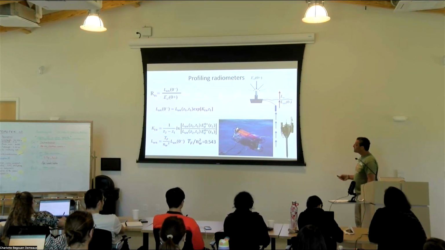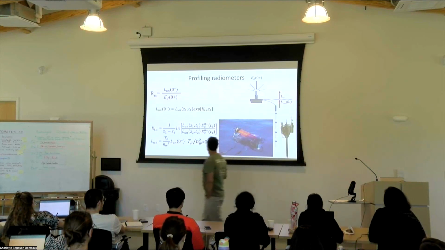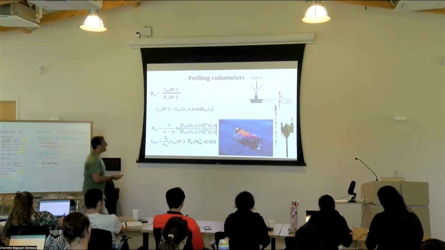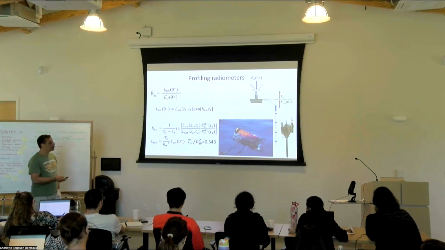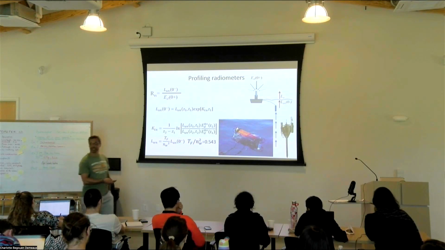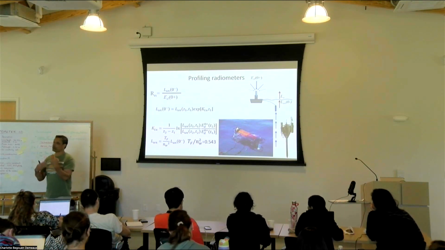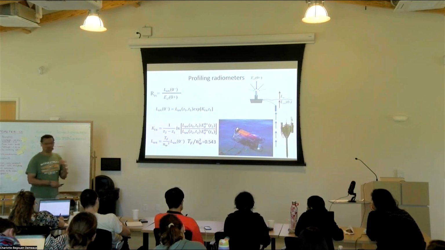So there's also a set of radiometers that are profiling radiometers, and there's two kinds of those. You might have heard about them. There's the COPS from Biospherical, and there's the HyperPro from Satlantic and now Sea-Bird. And they're kind of different approaches to the problem of profiling.